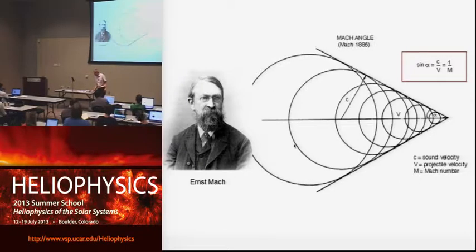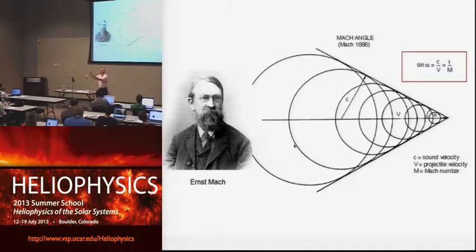Within this envelope of these different disturbances is the region that can be communicated with subsonic flow, or flow with information at the speed of sound. So behind here, this is all flow that can be influenced in a subsonic fashion. On the other hand, outside of this envelope, that region can never be communicated to by the obstacle. In other words, that's the supersonic region of flow.